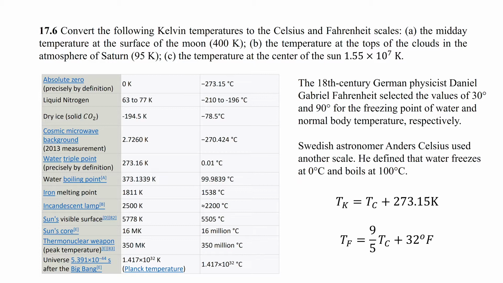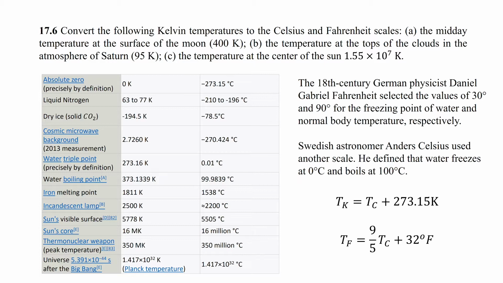So in the 18th century, there was a German physicist named Fahrenheit, and he defined the temperature in this way: he said the temperature of the freezing point is 30 degrees, and the temperature of the human body is 90 degrees.